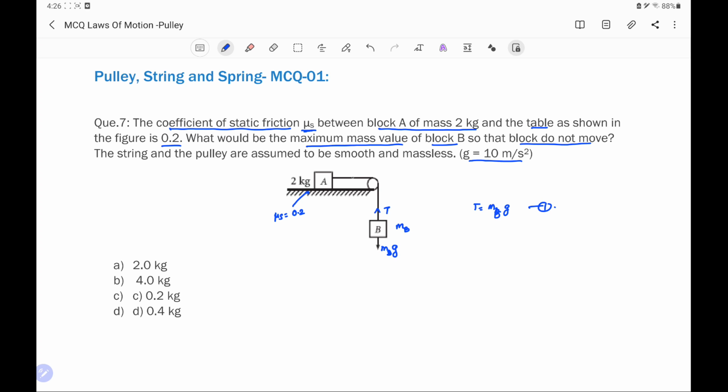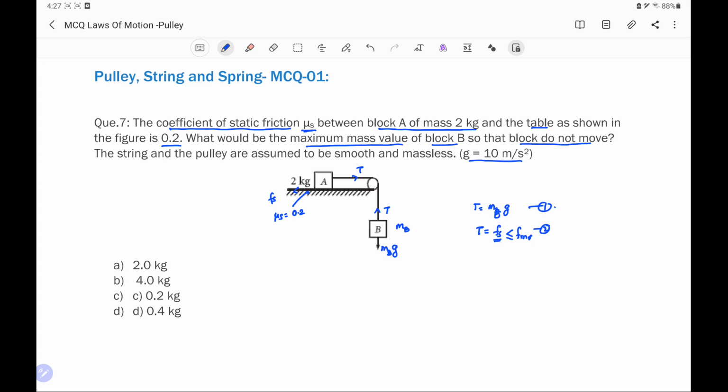And because the string is the same, there is also a tension T on the other side. And this tension T should be balanced by a force, which here is the frictional force. So we can write this tension T is equal to Fs. This is the static friction force, because the body should be at rest. To get the maximum value of the tension, this Fs should be maximum, because Fs is less than or equal to Fs max.